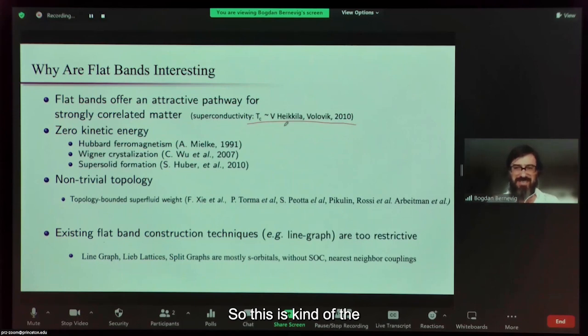So in BCS we have an exponential in one over the density of states times the interaction, and now it's proportional to the interaction. This is a very clear difference that flat bands give you, and it's due to the lack of really a Fermi surface in at least the non-interacting flat bands.